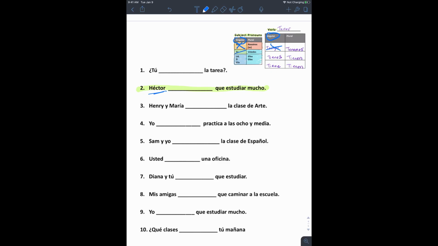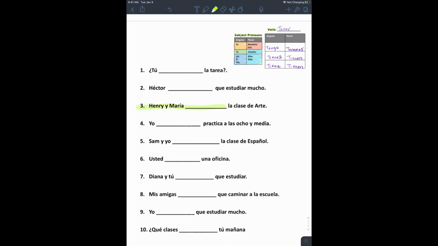It is not tú. It needs to say tú, just like number 1. So we cross out the tú form, because it doesn't say it, which leaves us with only this box. Because remember, it's singular. It wasn't more than one person. Héctor is one. So the verb is tiene.